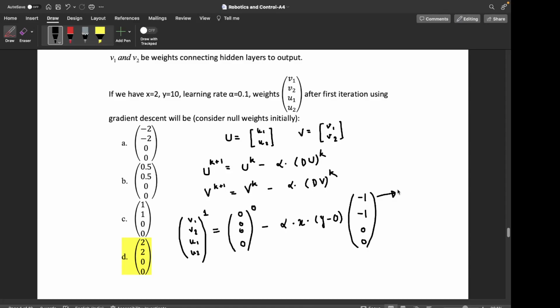What is this? This is the derivative at 0 0 0 0.